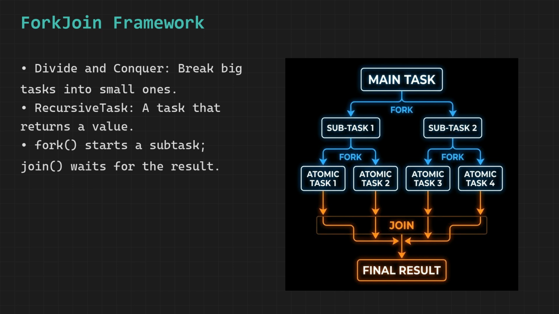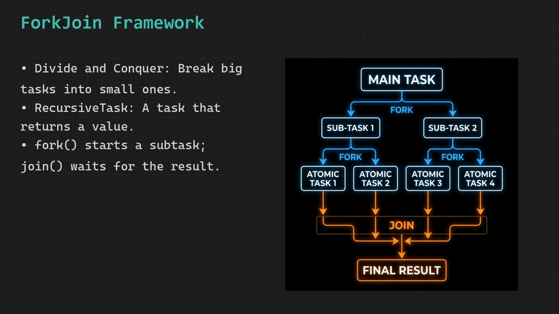Think of the fork join framework as organizing a huge and overwhelming pile of laundry where initially the task looks too big for one person to handle efficiently, so instead of struggling alone you decide to split the work among a group of friends, and this initial act of dividing the workload into smaller portions represents the fork step, where a large task is broken into two or more smaller subtasks.